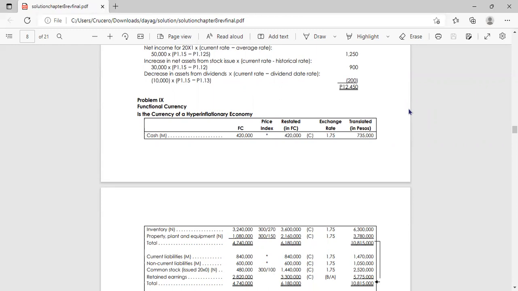So we have now 175 considered to be the exchange rate, and we now multiply 1.75 by 4.20. So that gives us the translation in pesos equal to 735,000.